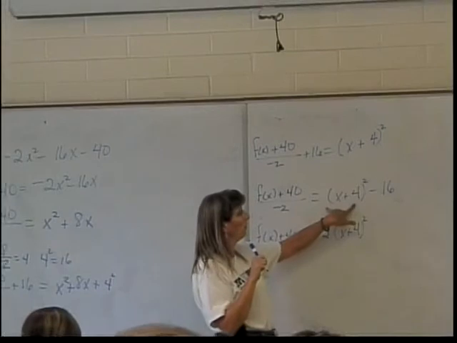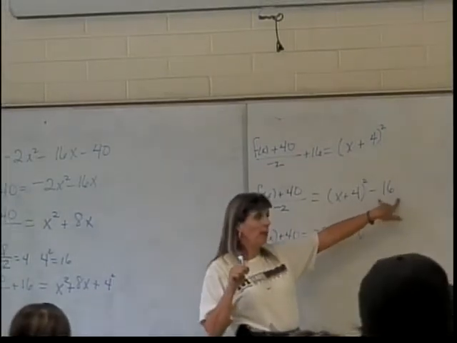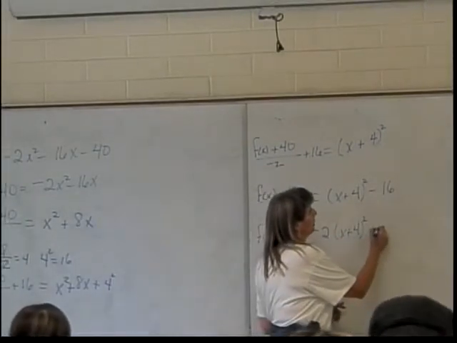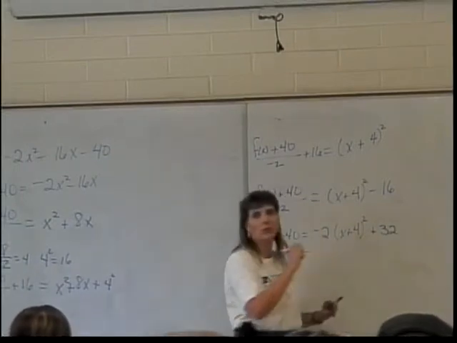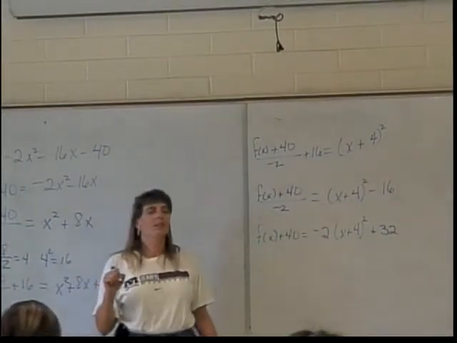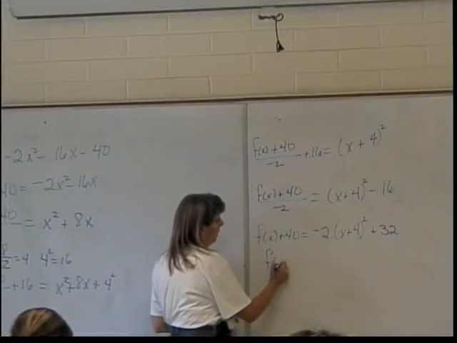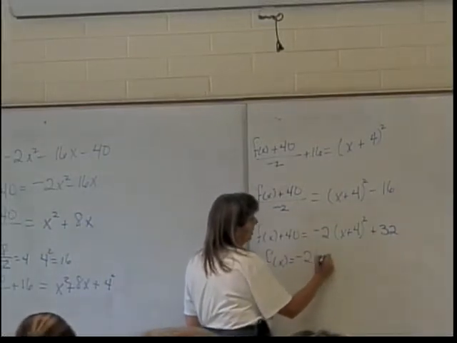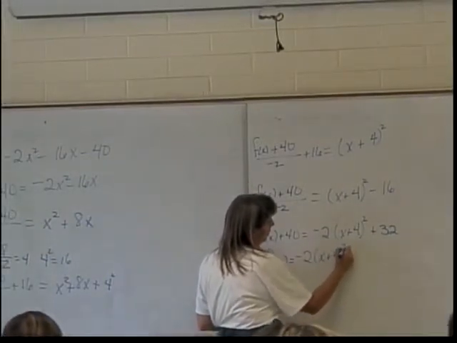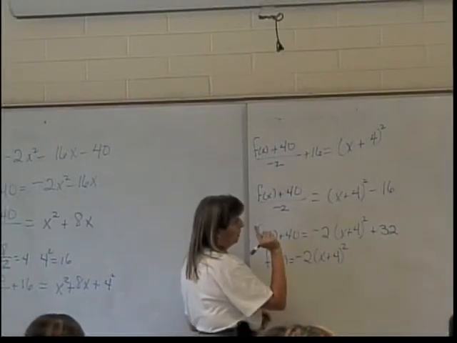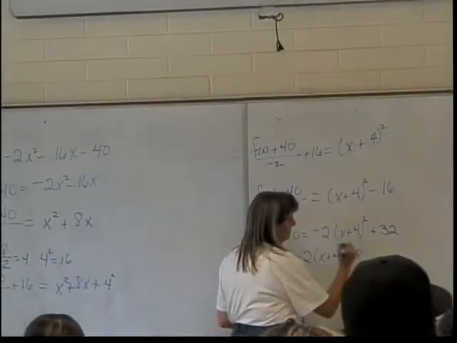I multiplied this piece by negative 2, because you have to multiply that piece by negative 2, so that'll make it plus 32. Yes. And then you subtract the 40. So f of x equals negative 2 times x plus 4 squared, negative 40, and the 32 is minus 8.